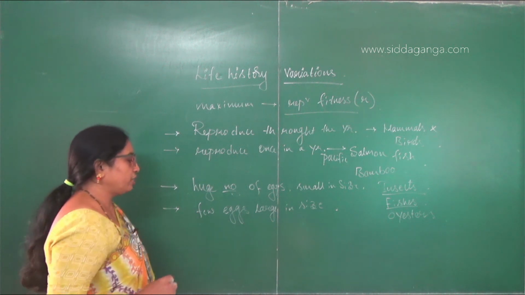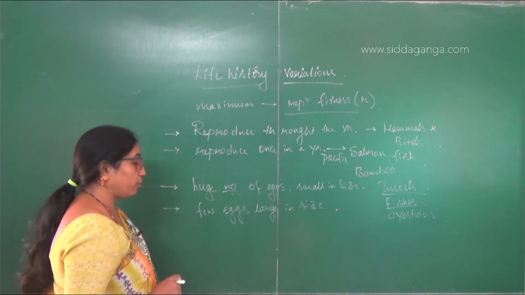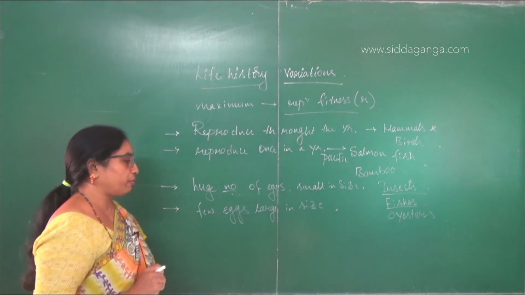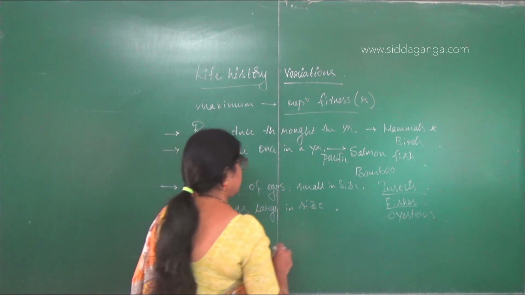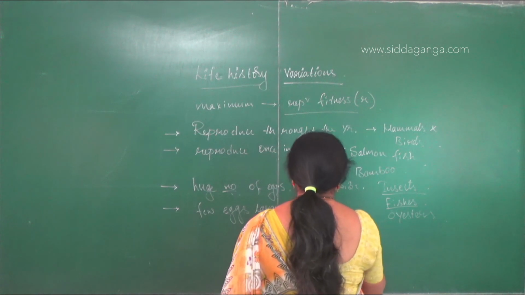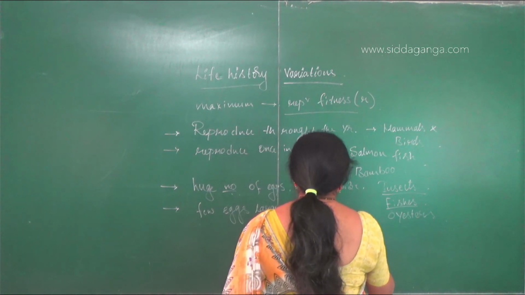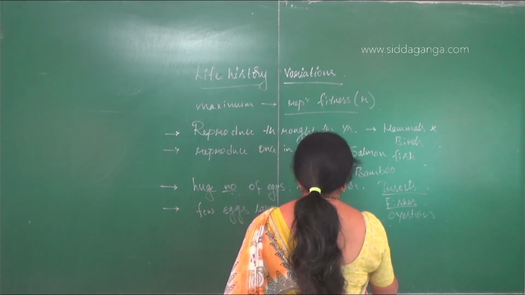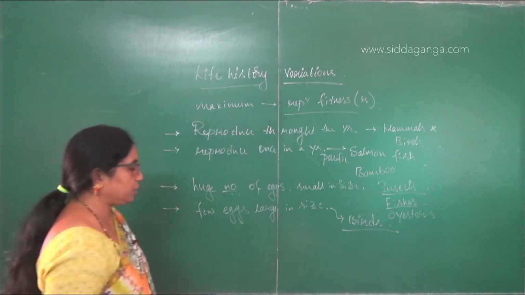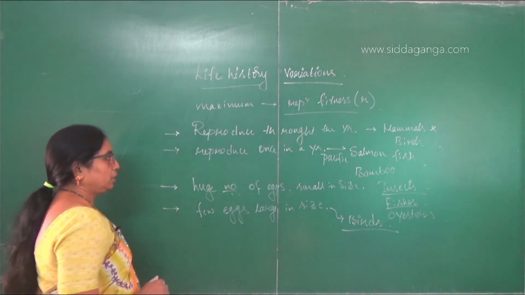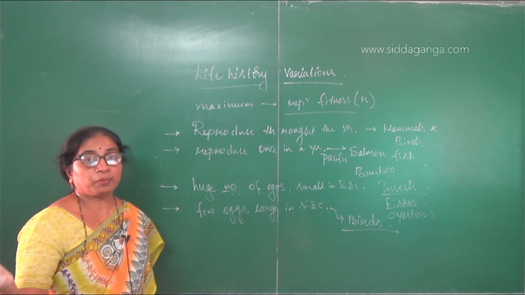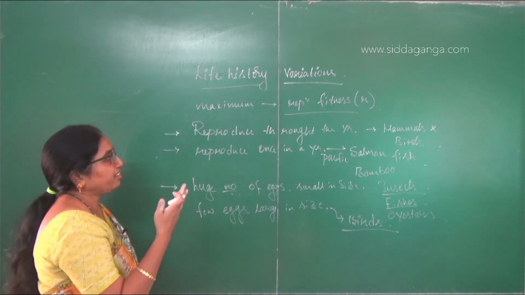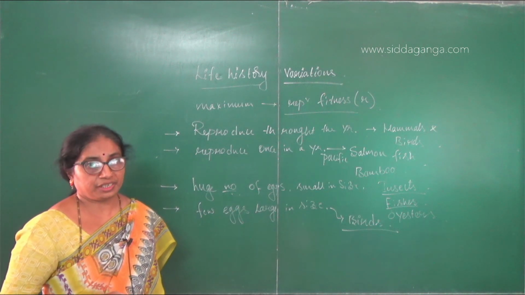Next, there are some populations that produce a few eggs which are large in size. The example is birds. So these are the various strategies the populations adopt to increase their reproductive fitness.